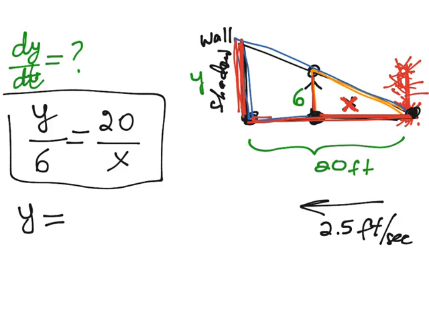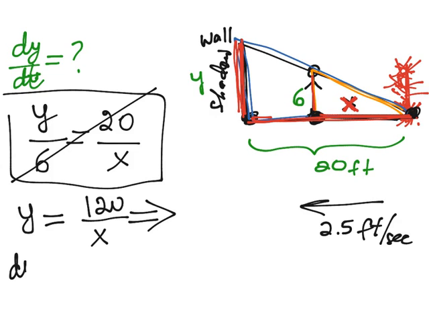Let's see, y equals 6 cross multiply, 6 times 20 is 120, over x. Got it? Now we're going to find dy/dt. I'm going to rewrite it. I hate the quotient rule, so I'm going to do 120 times x to the power of -1, prime.